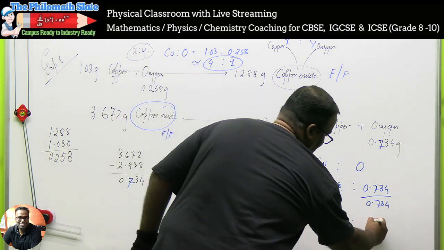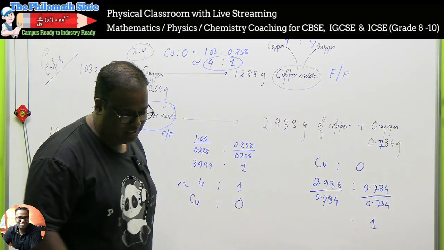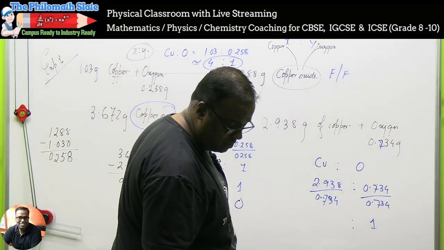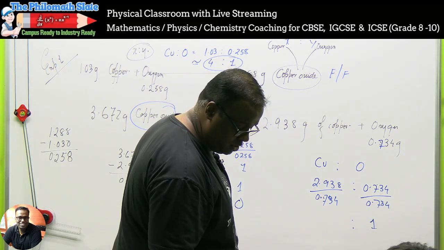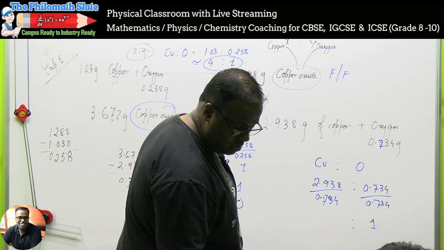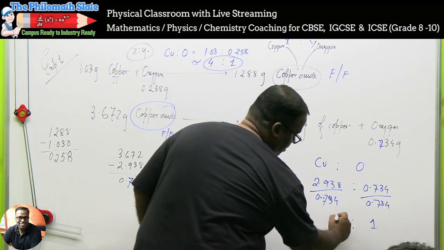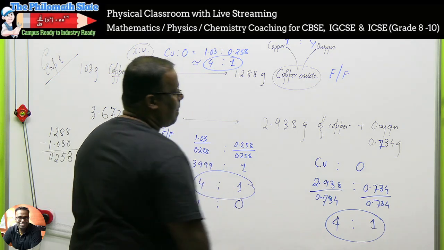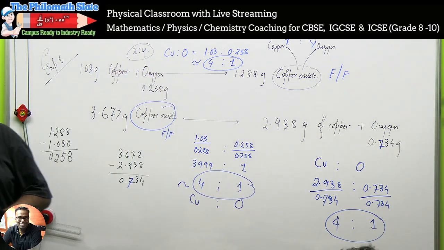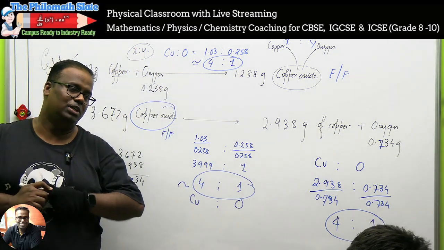This is 1, and if you use a calculator, but in exam they give you easy numbers. 2.938 divided by 0.734, you get exactly 4. So the ratio does not change. This is the proof of law of constant proportion.